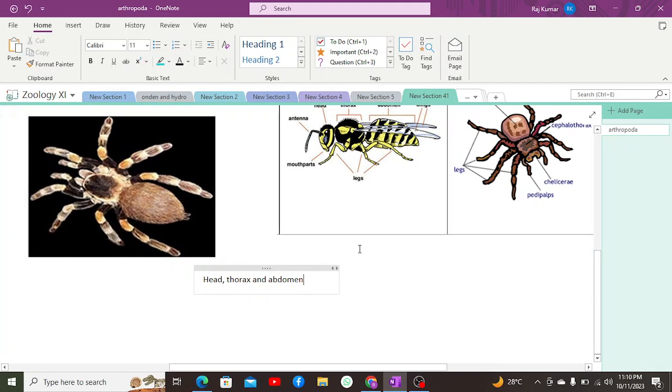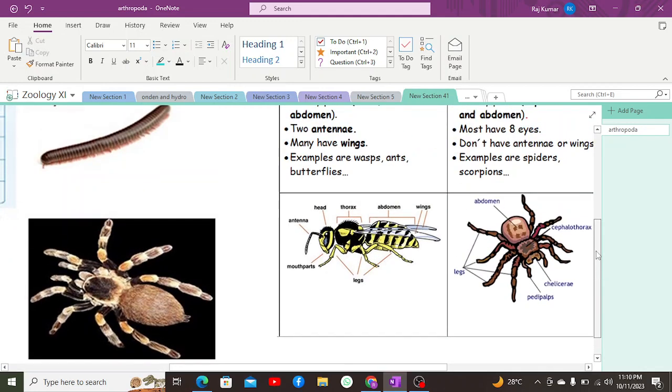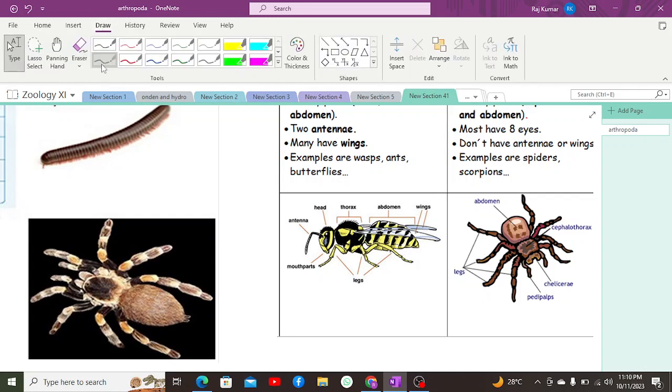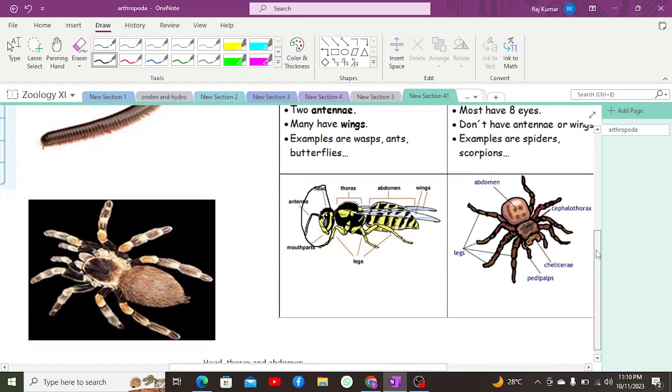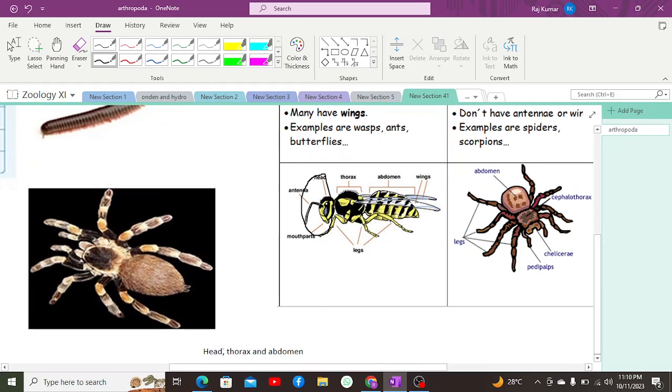This can be seen in the diagram. Let's take the example of the honeybee, which has a head, thorax, and abdomen. In some arthropods, the head and thorax are combined together, and that structure is collectively known as the cephalothorax.